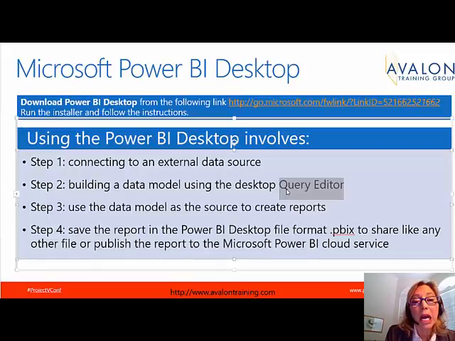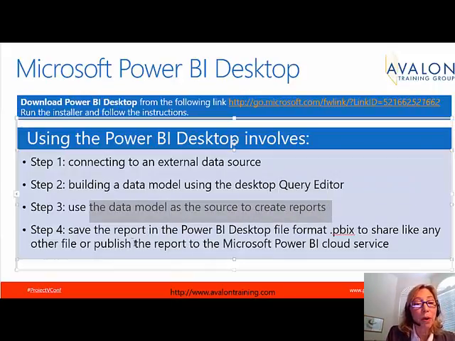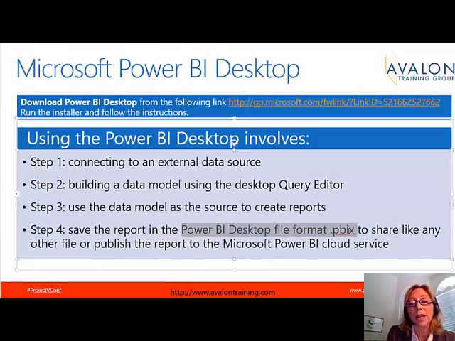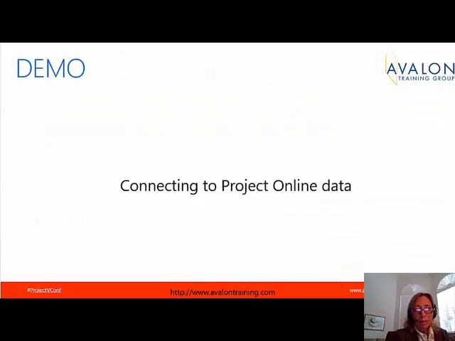You could build formulas that take a variance between two existing fields. So once you've built that data model, you can use the data model to create your report. You can save the report in the Power BI desktop file format, which has the extension PBIX, or you can publish that to the Microsoft Power BI cloud. So let's get started with a demo of the Power BI desktop.